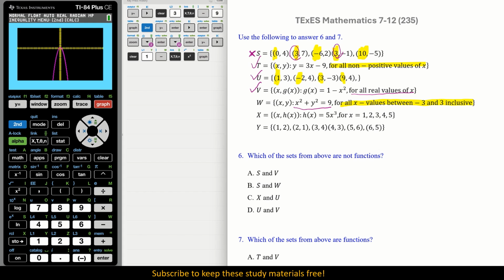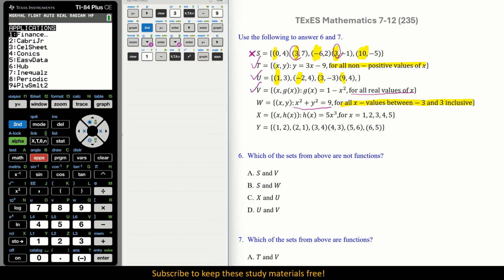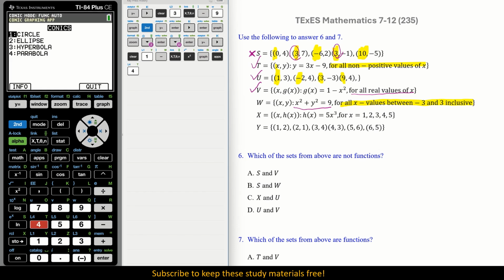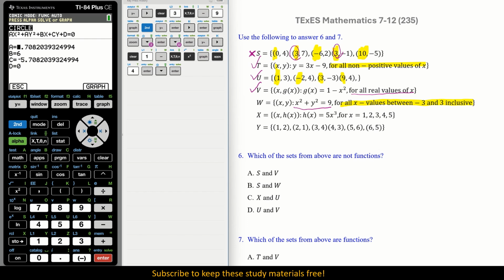So let's go and use our app and see where it says number 4, conics. Let's go to 4, and number 1 is circles. So you push enter, and then you want to put it in this second form. Push enter. Okay, we have A, B, C, and D. Well, some of these are going to be 0.